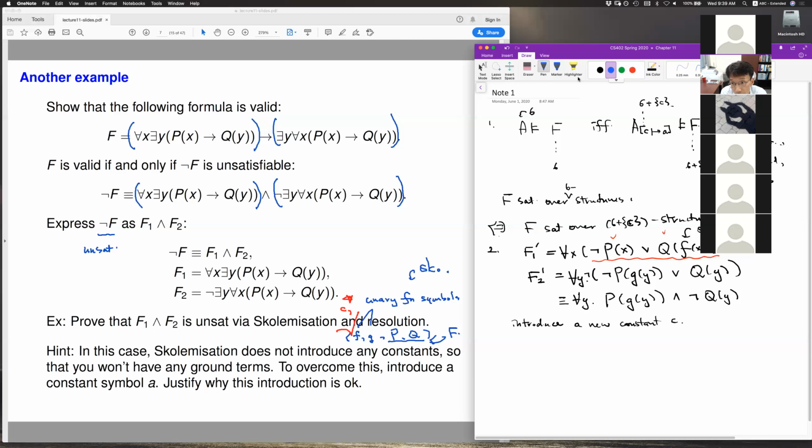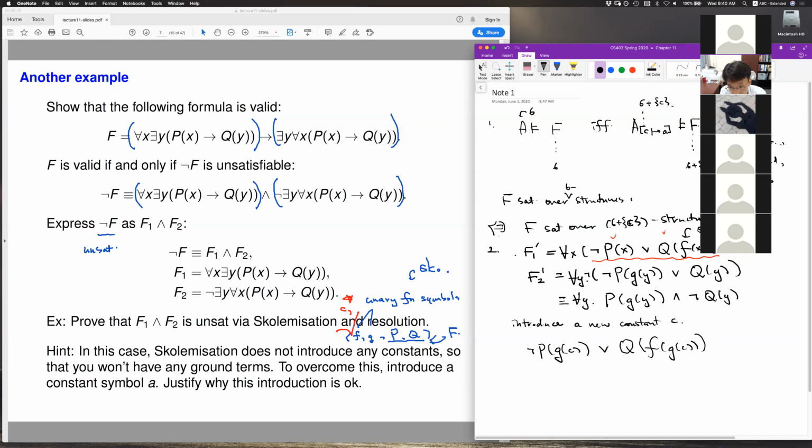We're going to instantiate f1 prime in such a way that this literal can be eliminated by the corresponding one here. To do so, we instantiate this using P of g of c, and Q of, because x is now replaced by g of c, we have f of g of c.